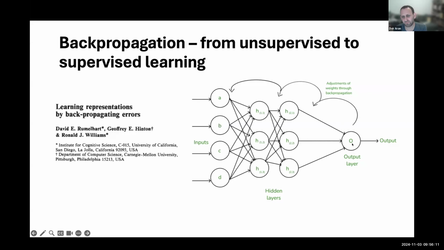Then, comparing the output to the known label, you can go back and do this backpropagation, going back in the network to adjust the weights, going back and forth until there is accuracy. Instead of trying to minimize the energy, now the measurement that you're trying to minimize is the error.